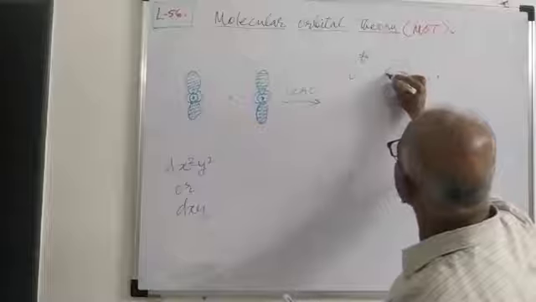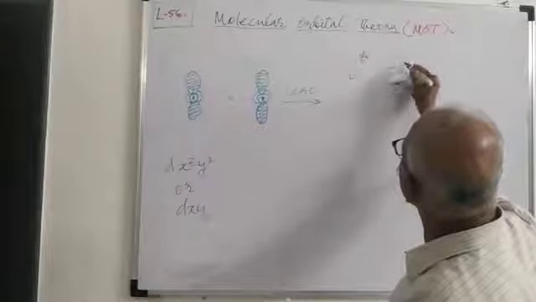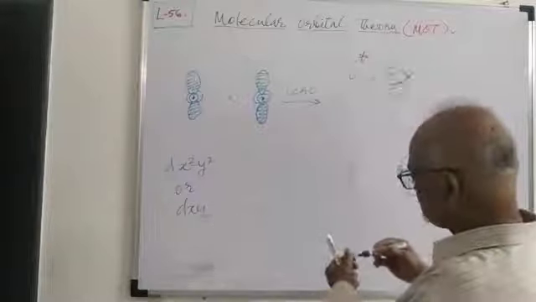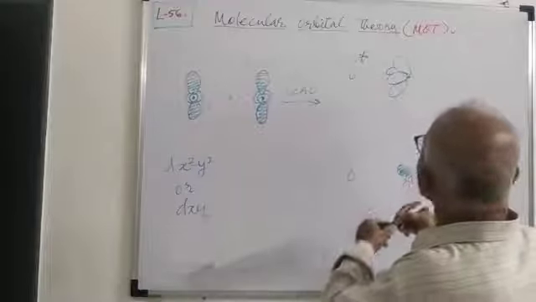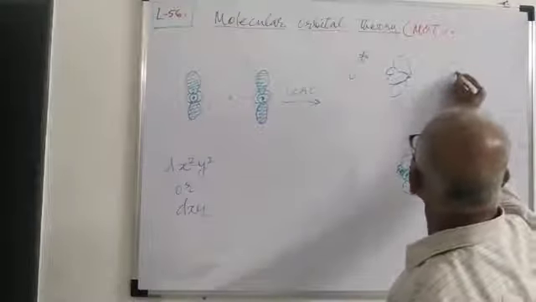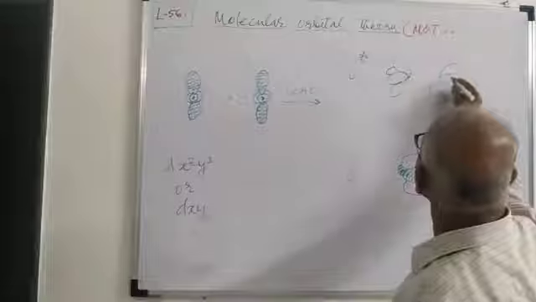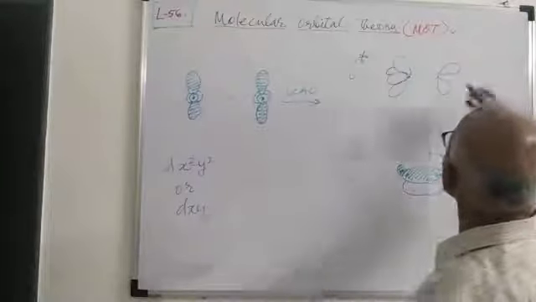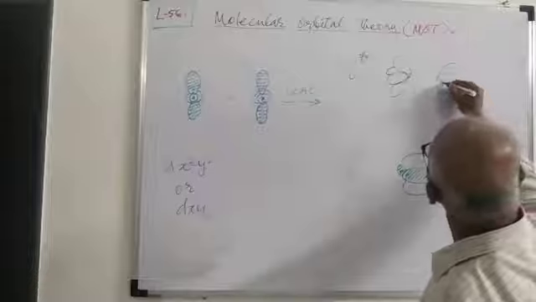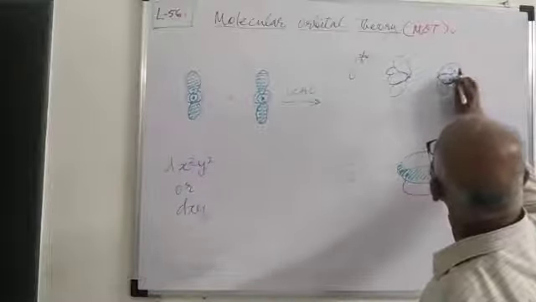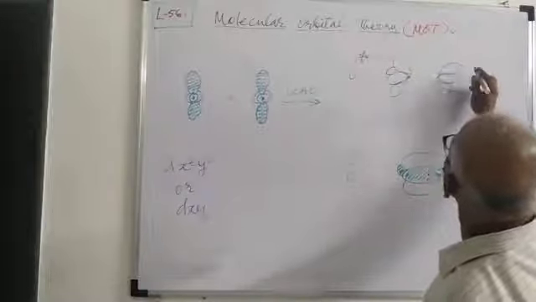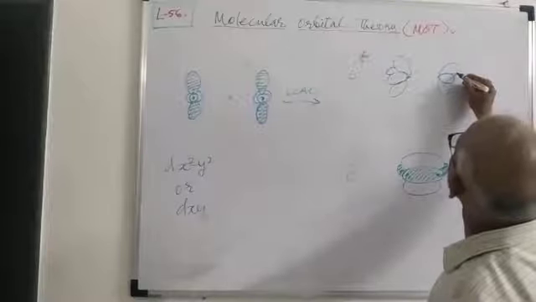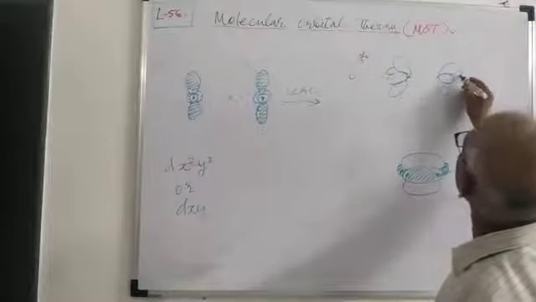And another lobe is lying like this. Similarly, we will show here these different lobes, and remaining two lobes will show with this front line, and there is back lobe like this.